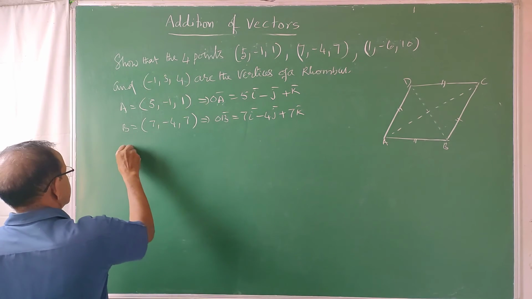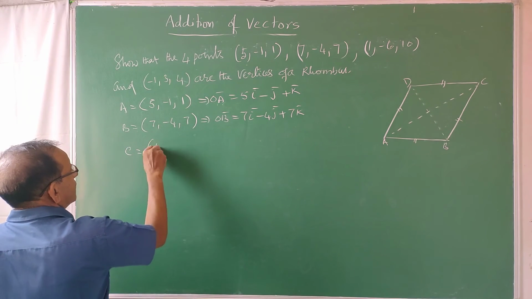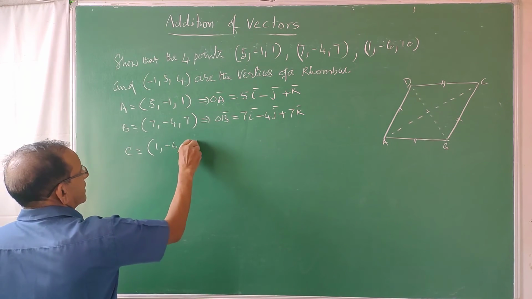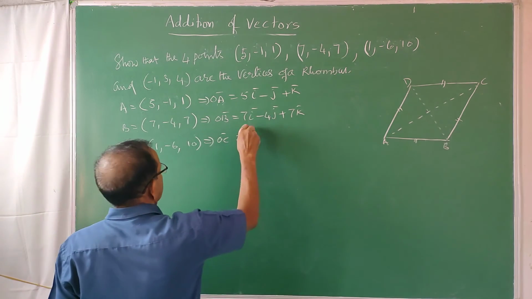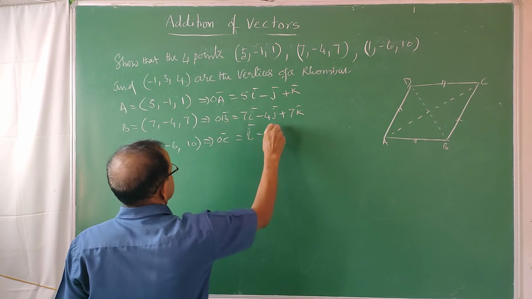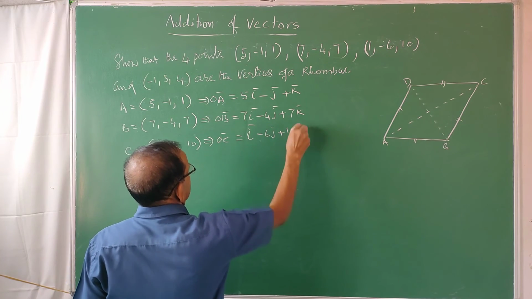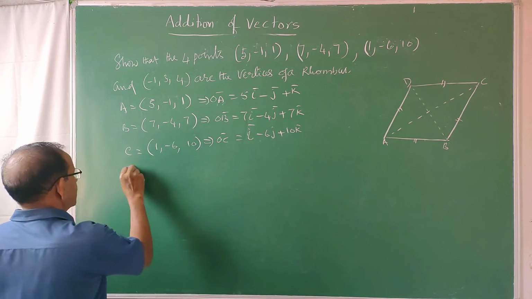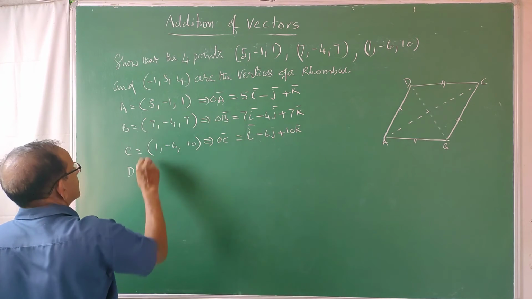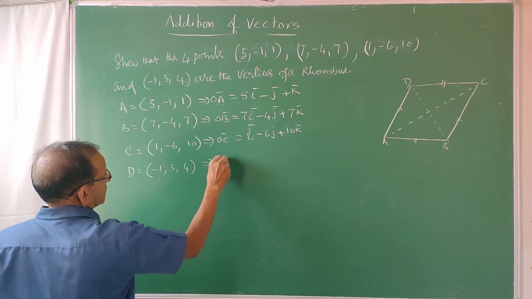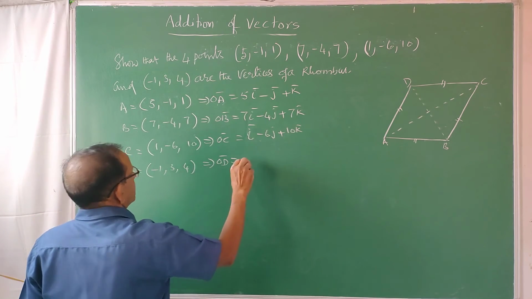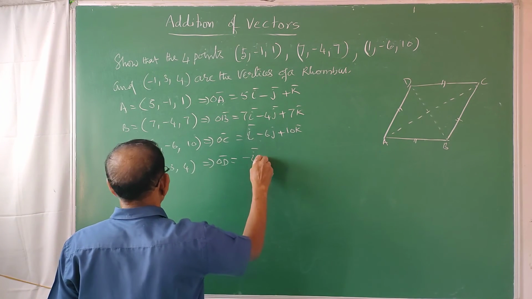And C is equal to (1, minus 6, 10), implies OC bar is equal to i bar minus 6j bar plus 10k bar. And D is given as (minus 1, 3, 4), implies OD bar is equal to minus i bar plus 3j bar plus 4k bar.